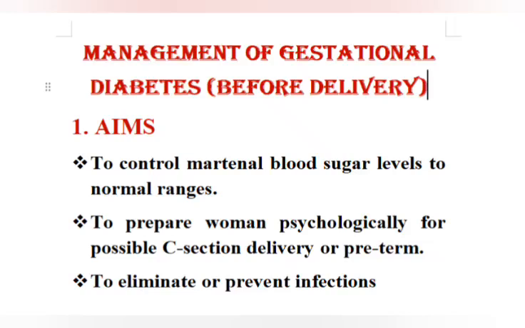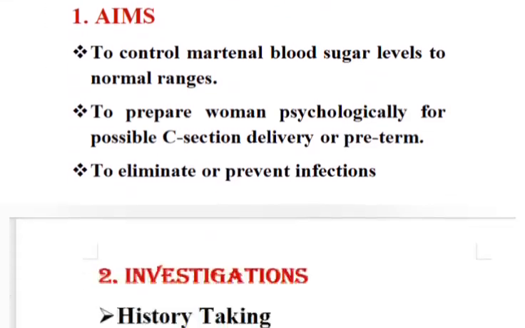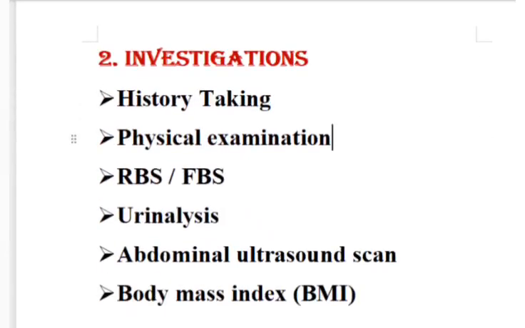Then the other aim is to eliminate or prevent infection. Remember, we already talked about the microorganisms multiplying and loving the sugar. So this one is likely to have some urinary tract infection. So we need to eliminate them if they are there, or we prevent them. That's our aims. Then under investigations, the first thing, just like the other conditions, is we take history from this woman.